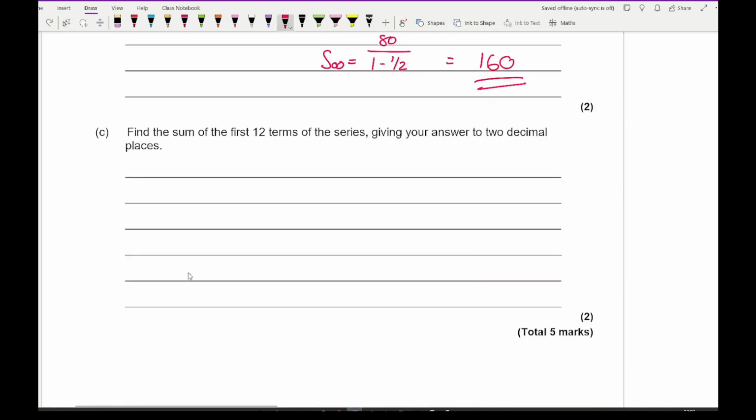Then it says for part C, find the sum of the first 12 terms of the series. Give your answer to 2 decimal places. So here I know that a equals 80, r equals a half, and n equals 12. So the sum of the first 12 terms is going to be 80 times (1 minus 0.5 to the power of 12), all divided by 1 minus r, which is a half.